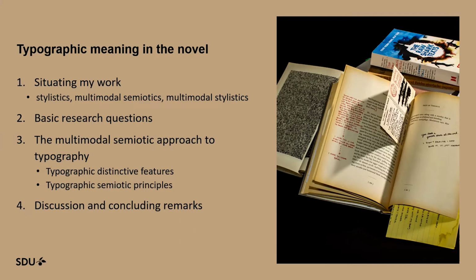And from there on, I will focus on the multimodal semiotic approach to typography that informs my work. And I will present a framework for analysis. Throughout, I will illustrate my points with examples from some of the novels I've been analyzing. And finally, I'll wrap up with a discussion and some concluding remarks.